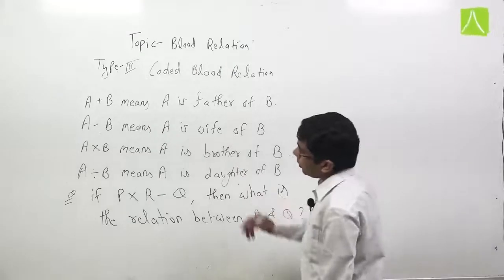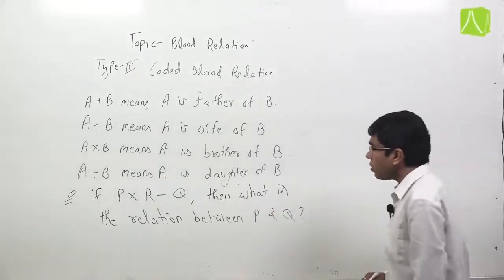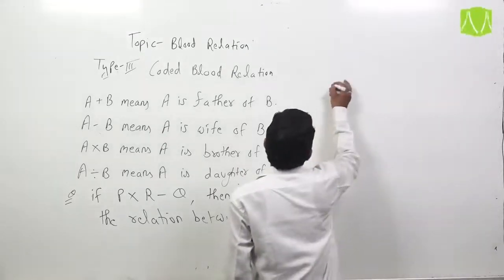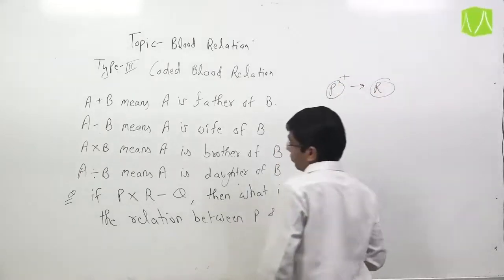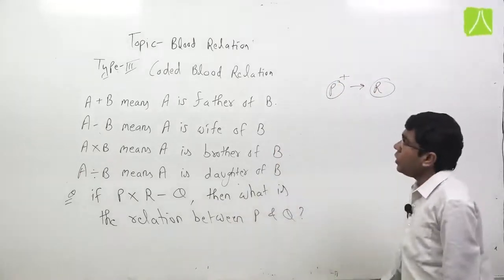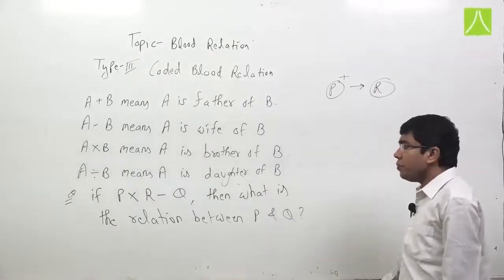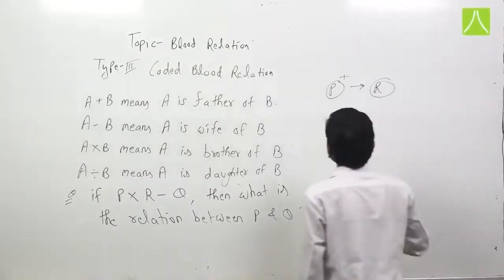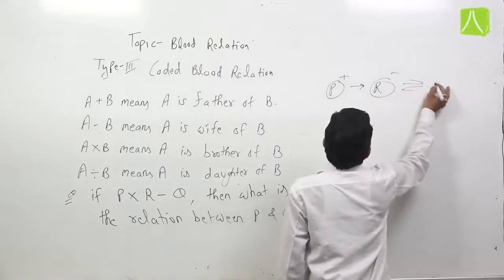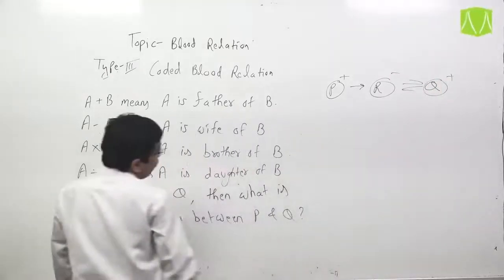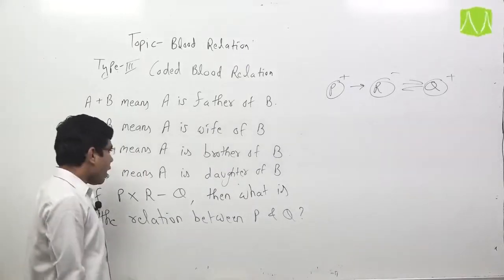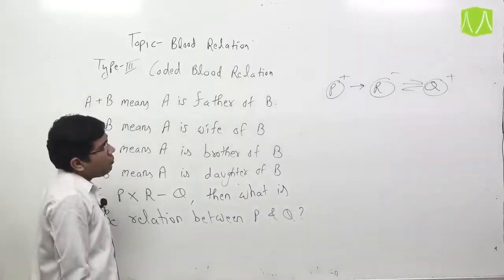P cross R: A cross B means A is brother of B, so P cross R means P is brother of R. R minus Q: A minus B means A is wife of B, then R minus Q means R is wife of Q. This is our diagram. Now the relation is asked, what is the relation between P and Q?